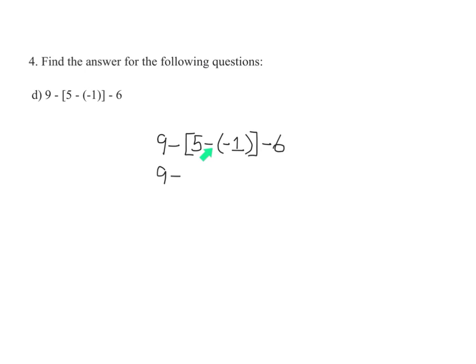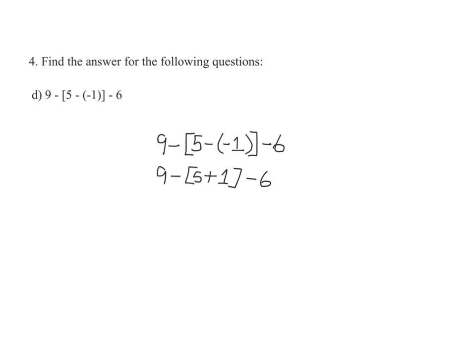However, we have subtraction, so it might be helpful to rewrite the subtraction as addition first. That is, subtracting a number is the same as adding its opposite. So in this case, we have 5 plus, and since we're subtracting -1, it's the same as adding its opposite, and the opposite of -1 is 1, minus 6.